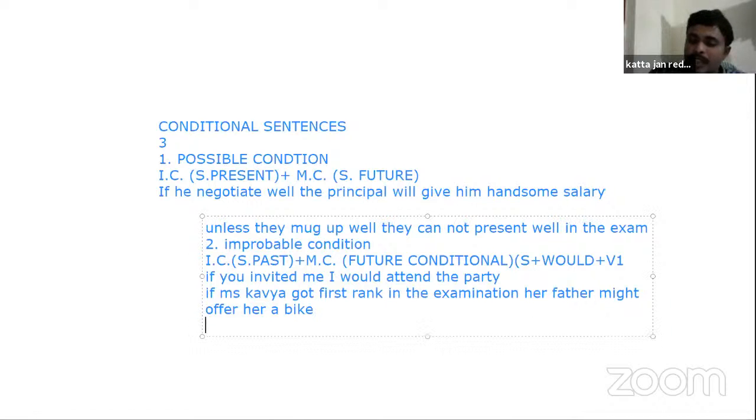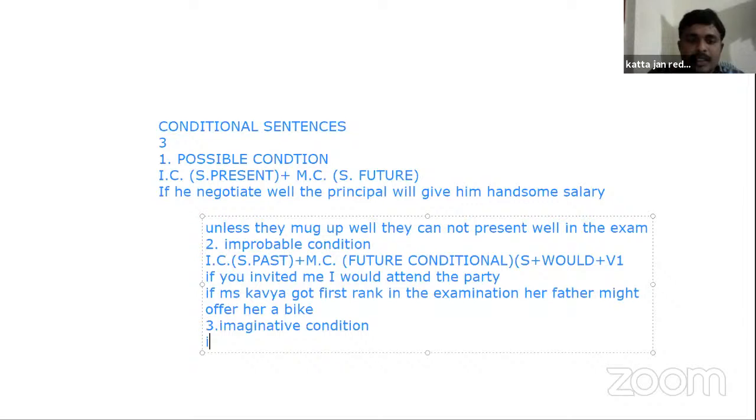Now let us go for the third condition. The third condition is the imaginative condition. Okay.